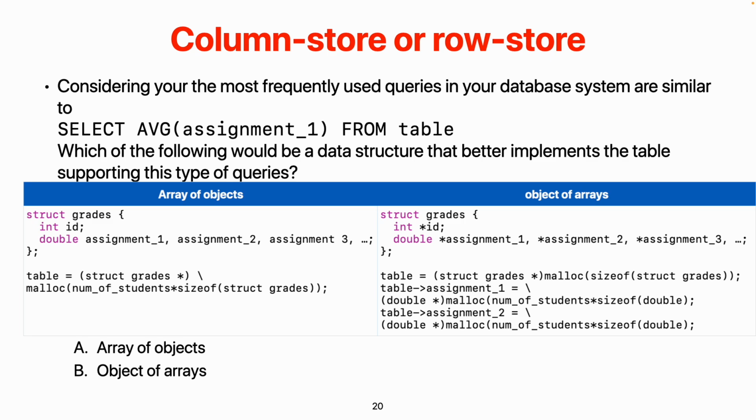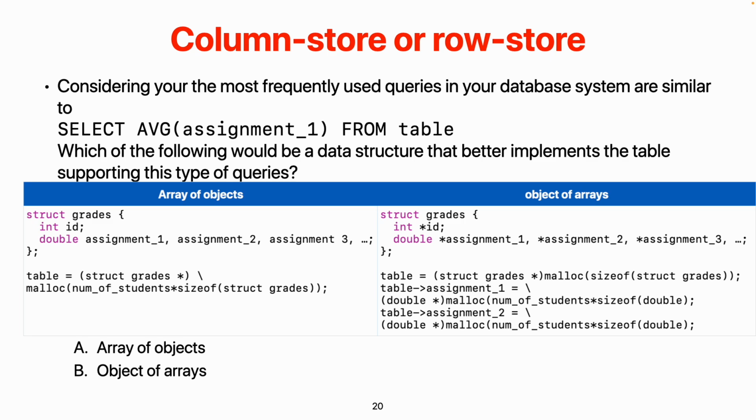Well, my group said that for A, an array of objects, there's an array of students. Each student has assignment 1, 2, and 3. But for the second option, it's grouped by each assignment, and each assignment has a field of students.